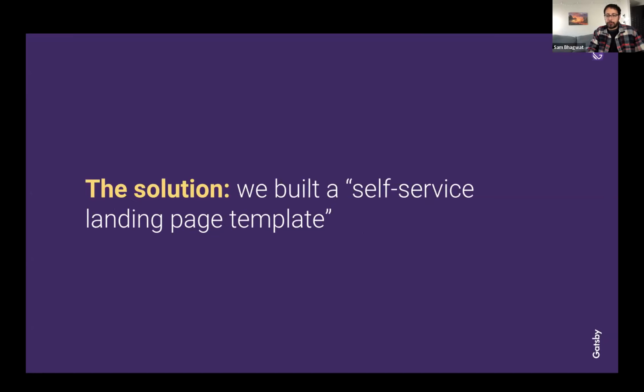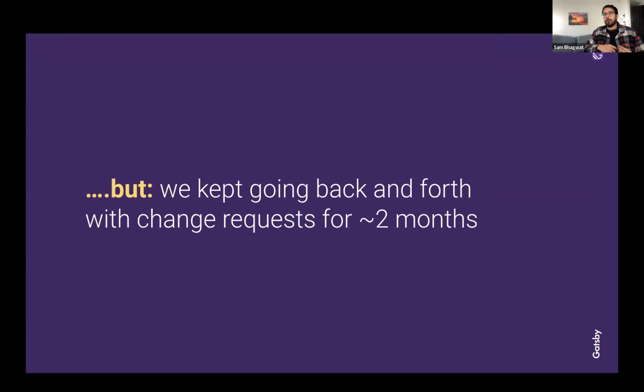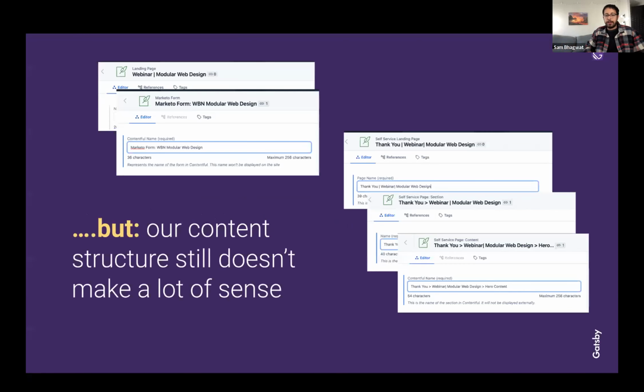It was a project that took a month or two. The challenge was that after we said, okay, cool, we're done with this, it turned out we actually weren't done, because we kept going back and forth with change requests for a while, since what we built wasn't exactly what was needed. It just took a lot of time to go back and forth after that, and we still aren't super happy from a content editing perspective.